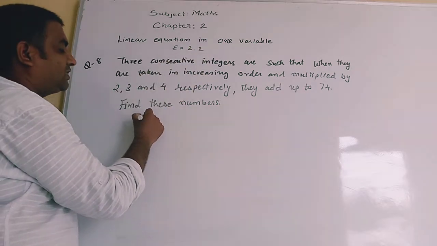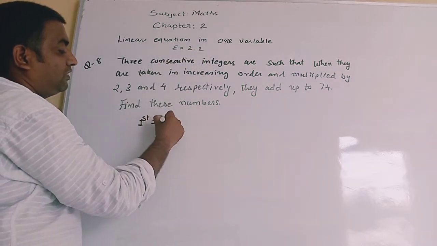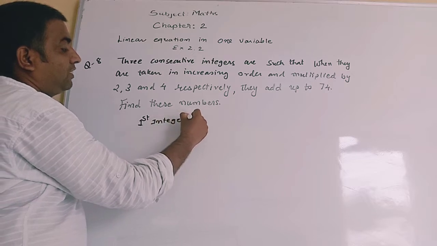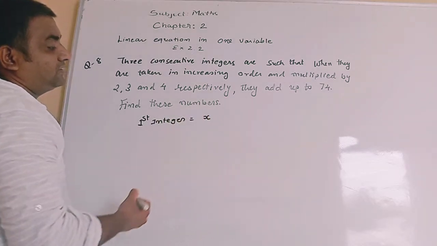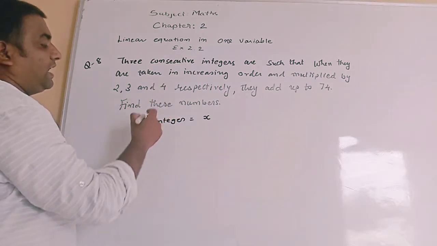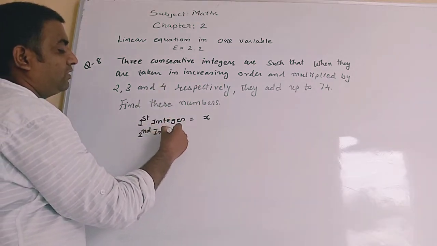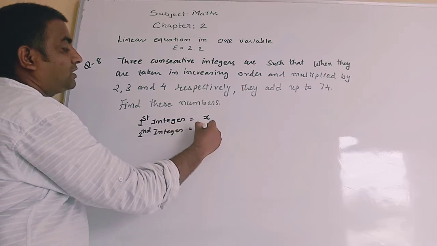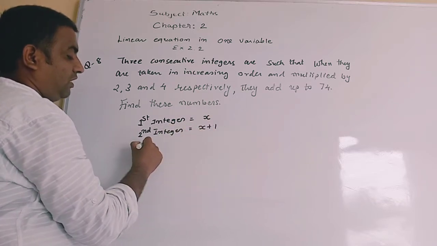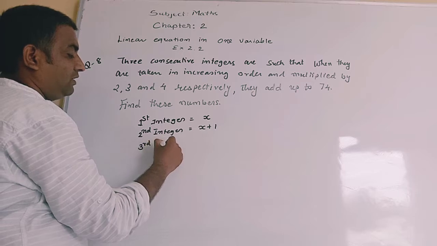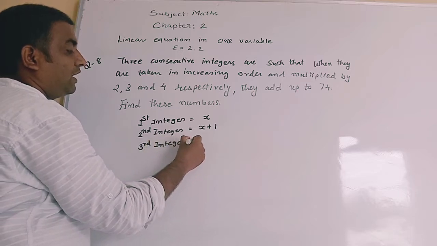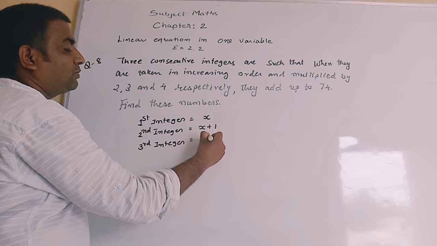The first integer we write as x, then the second will be one more, x plus 1, and the third integer will be one more again, x plus 2.